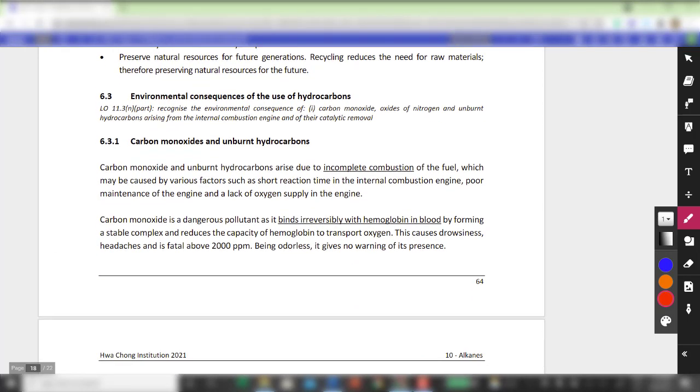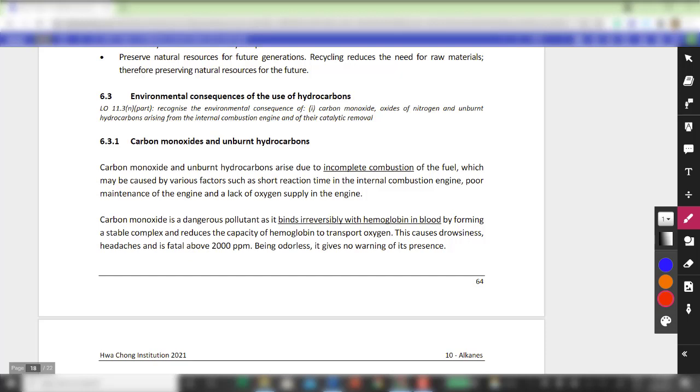So what are the environmental consequences in the use of hydrocarbons? You know that in the process you actually produce carbon monoxide, NOx, otherwise known as oxides of nitrogen, and unburned hydrocarbons. Usually they arise from the internal combustion engine, and in this particular portion you need to learn how they can be removed.